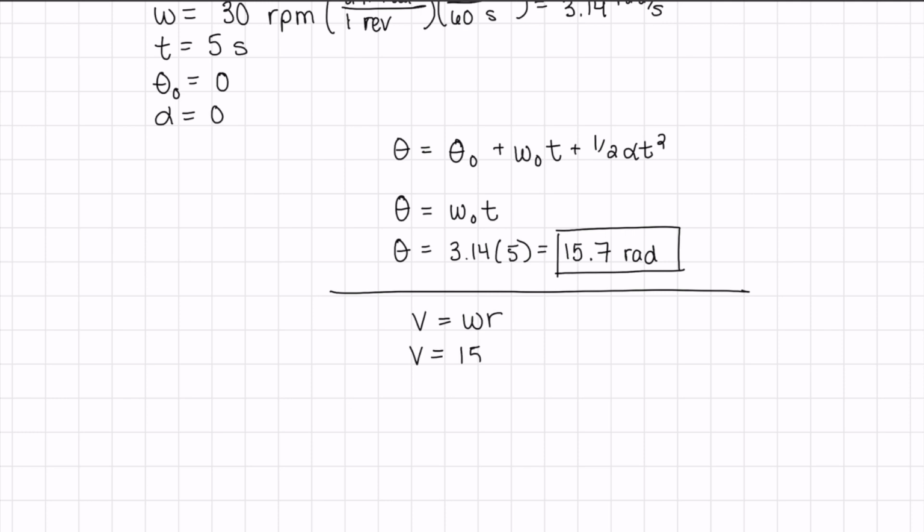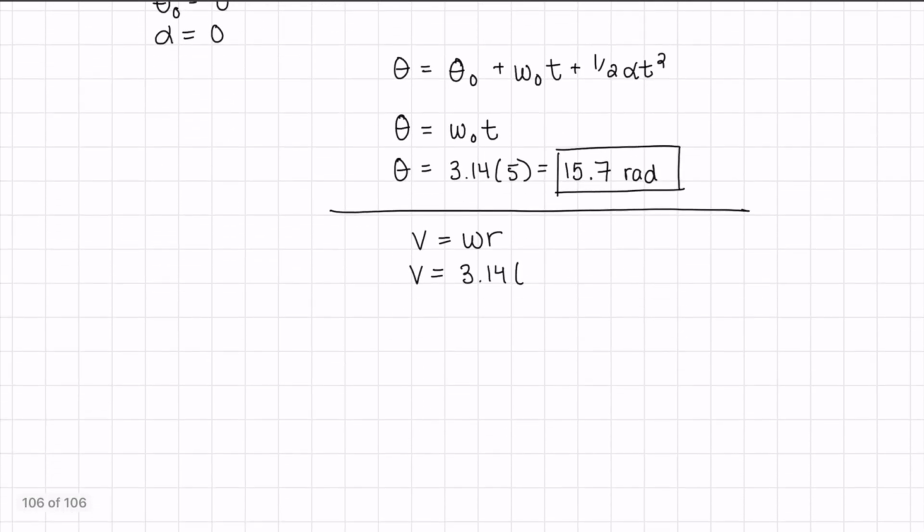Our v is going to be, oh, nope, it's going to be 3.14 times 0.02, which was our radius, which will be 0.0628 meters per second.